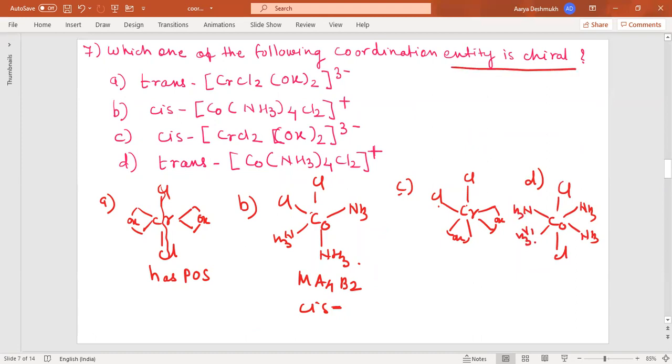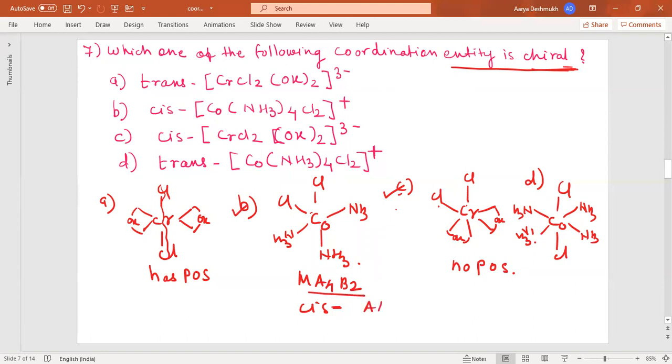So which one is the chiral one? Now here chiral means it should show optical activity, isn't it? It is asked in a different way: instead of optical activity, it is asked which one is chiral. Now for option C, it doesn't have a plane of symmetry. Now what about option B? This is an Ma4B2 type of complex.